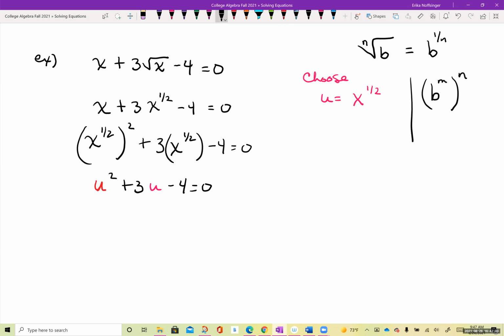There's two numbers that multiply to negative 4 and add to positive 3. So this would be u plus 4 times u minus 1 equals 0. Setting each factor equal to 0, u plus 4 is 0 when u is negative 4, and u minus 1 is 0 when u is equal to 1.